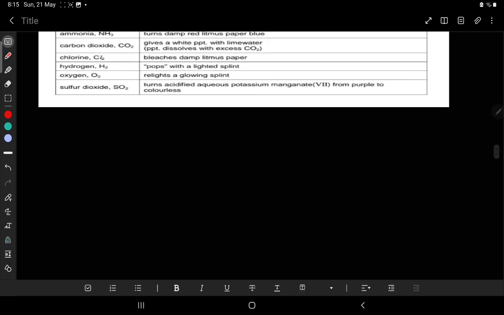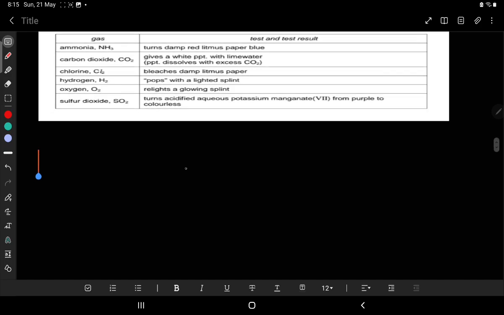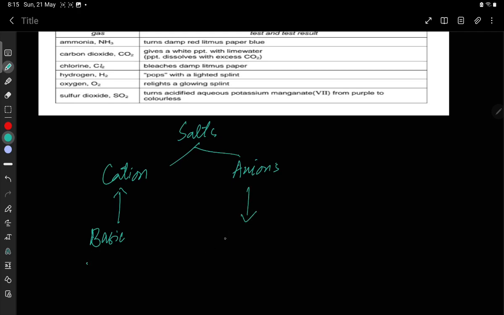We know that salts consist of two types of ions, cations and anions. Cations are, in other words, the basic part, and anions come from the acid.